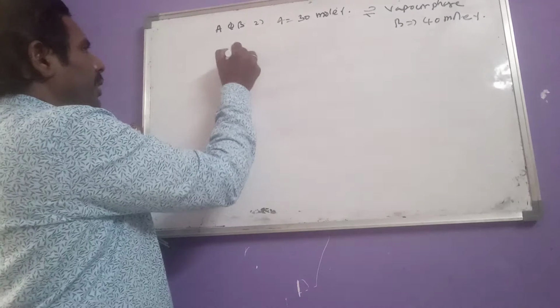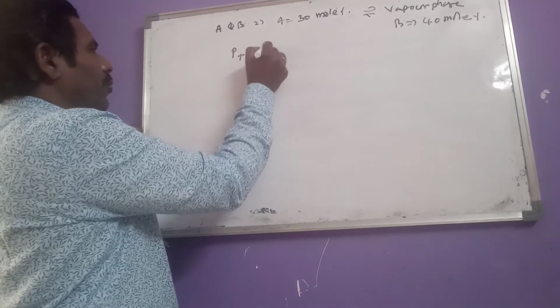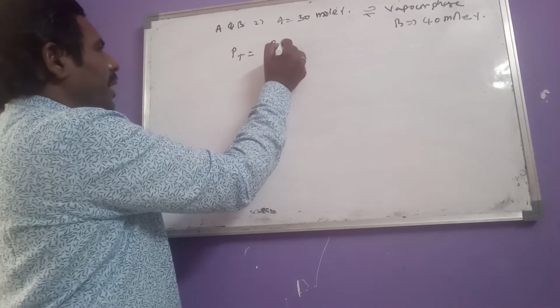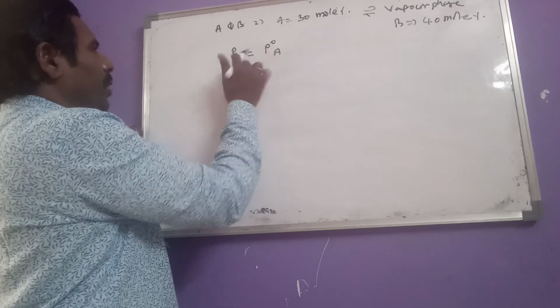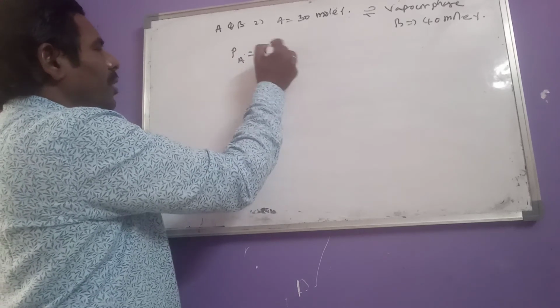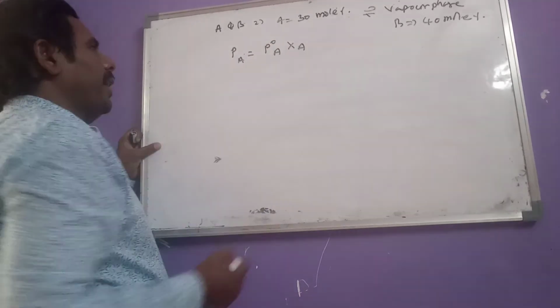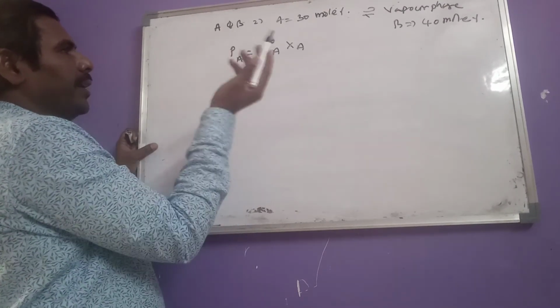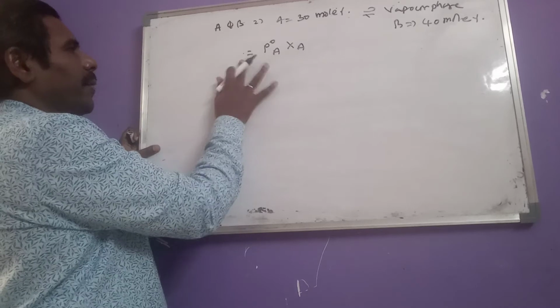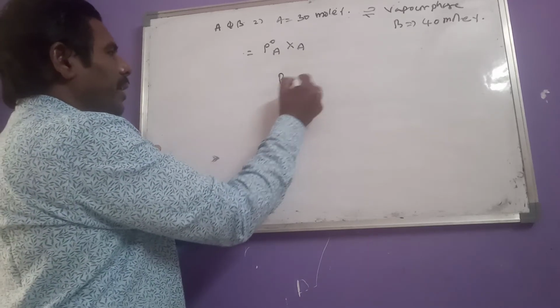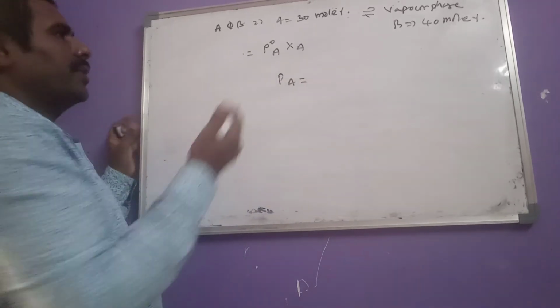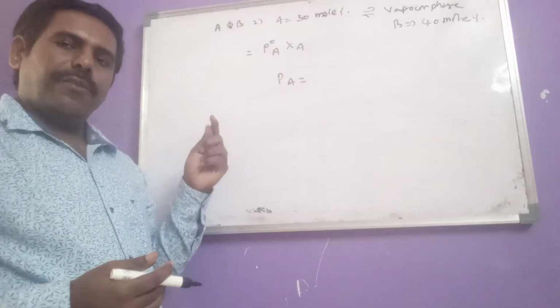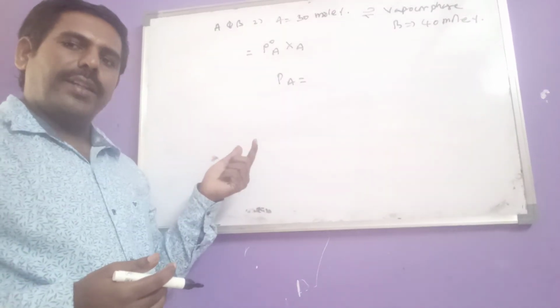First, we have to write PA equals P naught A into XA. But PA can also be written in vapor phase.